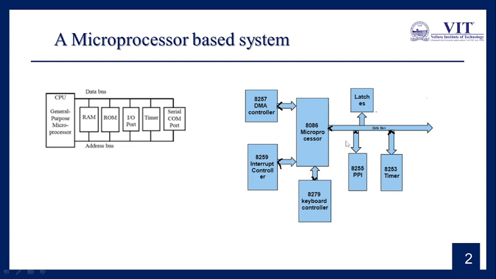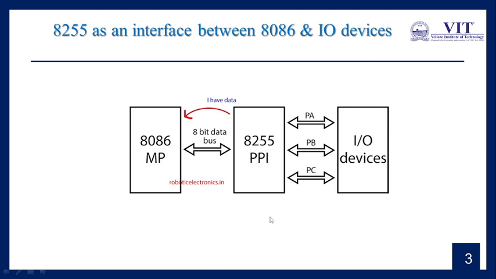This is a very rough diagram where I have shown only the data bus, which is bidirectional, and there will be many other ICs which make up one microprocessor based system. Now we are going to study the 8255, the programmable peripheral interface. This programmable peripheral interface can act as an interface between the microprocessor and the IO devices.